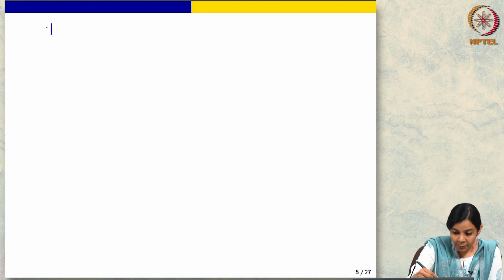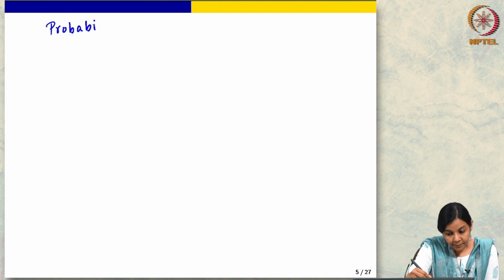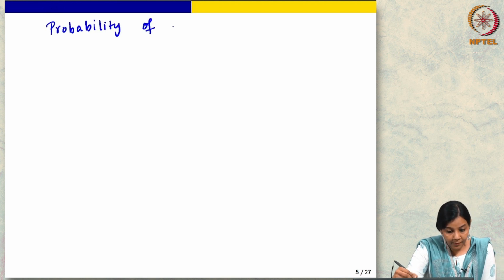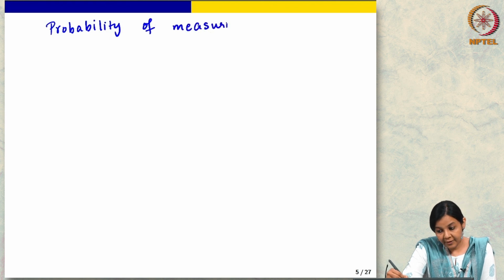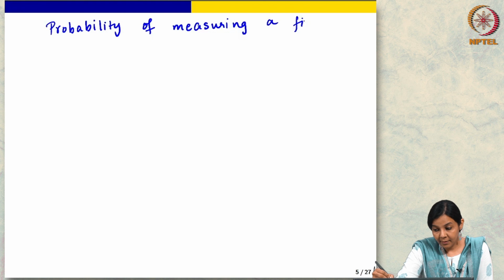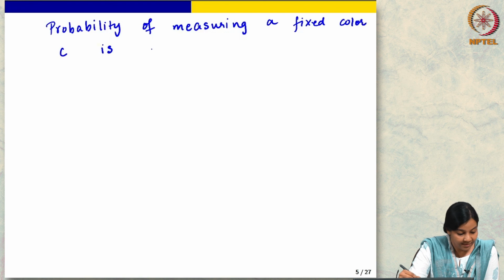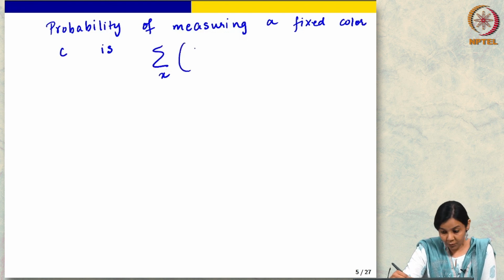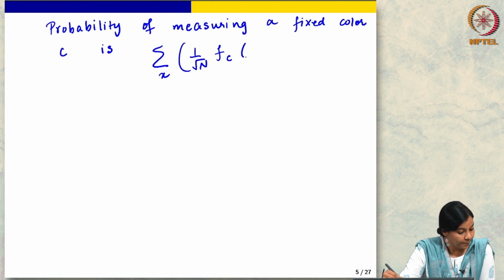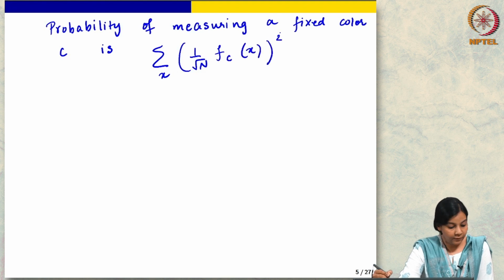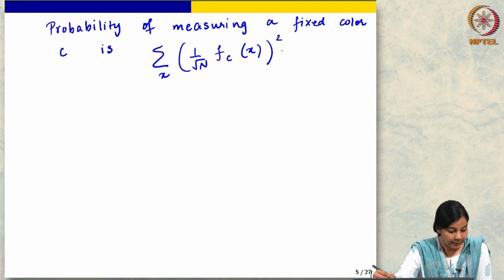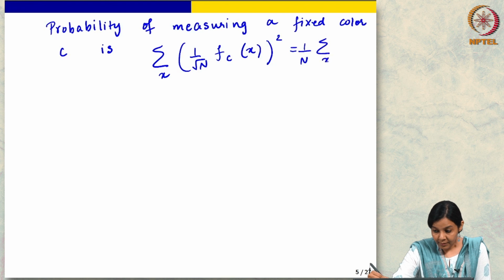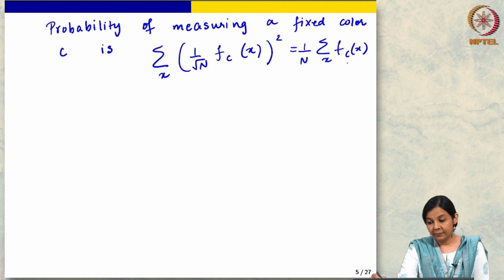So, the probability of measuring a fixed color C is the summation over x of 1 over root n fC of x, the whole squared, which is 1 over n summation over x of fC of x.